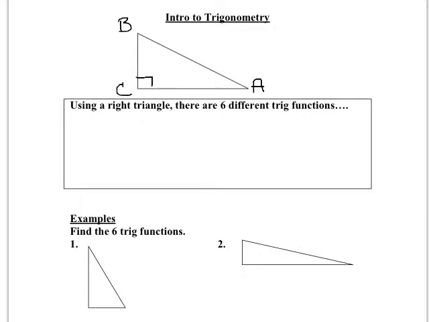So, for instance, if this is angle A, the opposite side would be lowercase a. If this is angle B, the side opposite would be lowercase b. And then C opposite would be lowercase c.